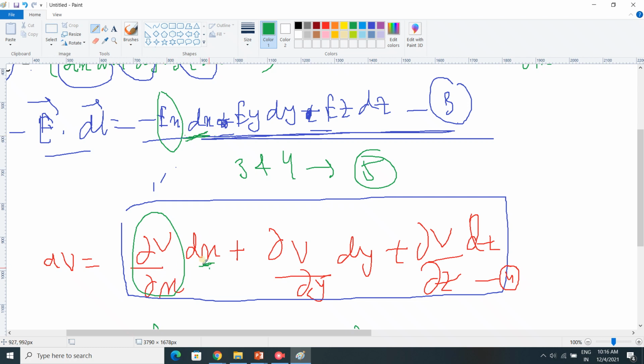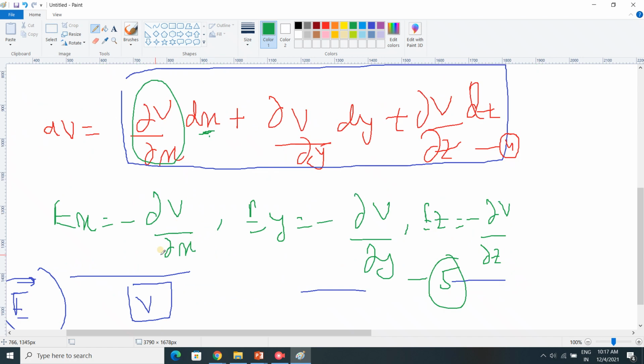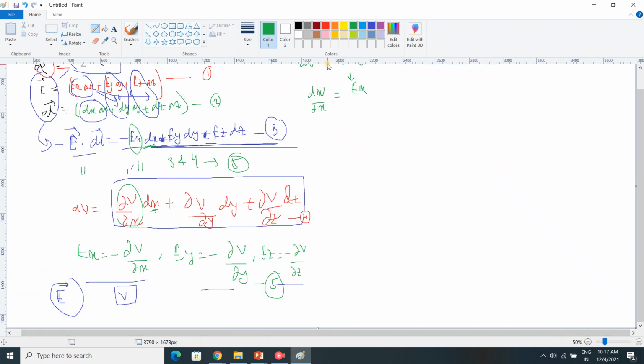Okay, so they are equal to each other. That is why we have concluded this part. This is an assumption; you are going step by step. So the conclusion is that we come to equation number 5, because we compare 3 and 4 and they give us equation number 5.